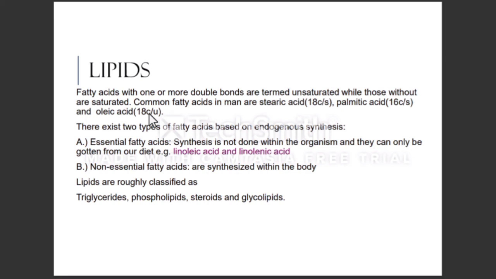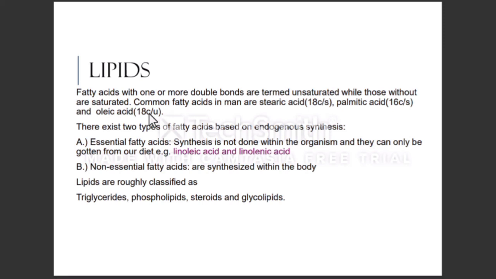They can only be gotten from our diet. An example is linoleic acid. The body does not have what is necessary to synthesize these fatty acids. That's why they are essential. The only way for us to get them is through our diet.